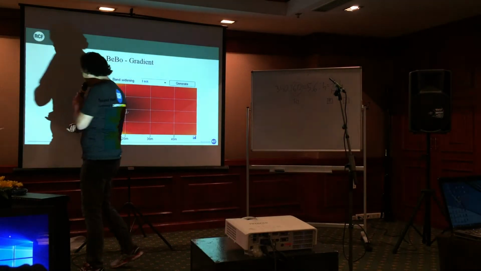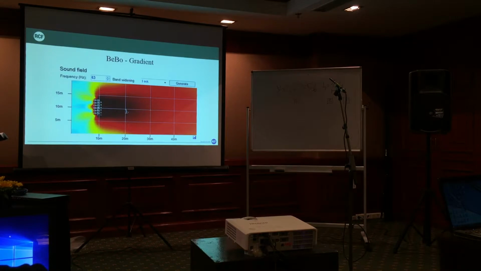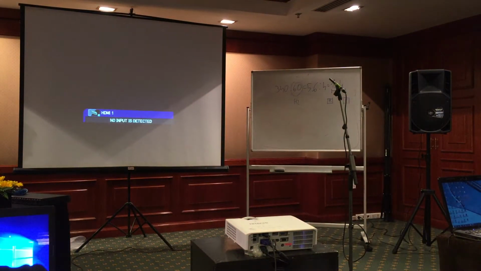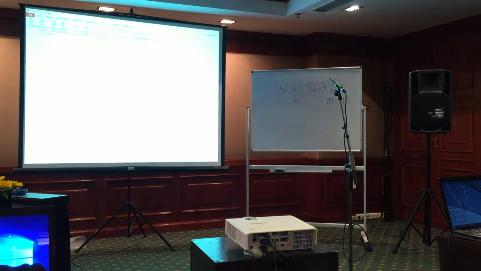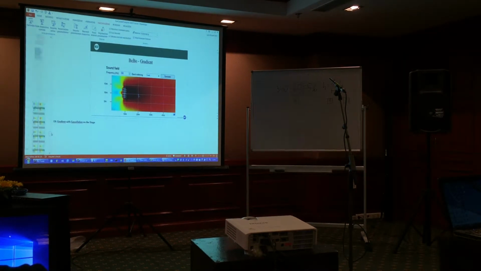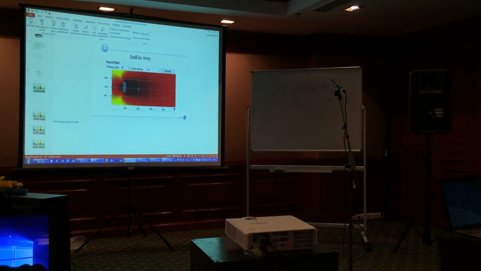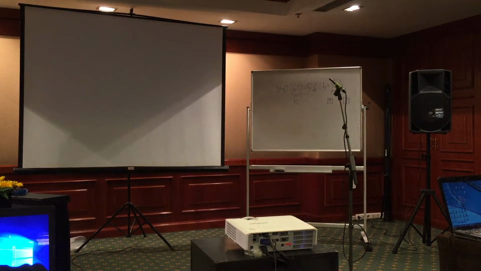This is the behavior of the gradient configuration. I want to compare the gradient configuration with the end-fire. We will call this the gradient configuration, and the reversed configuration is the variant, and the configuration with the sub facing forward is the end-fire.